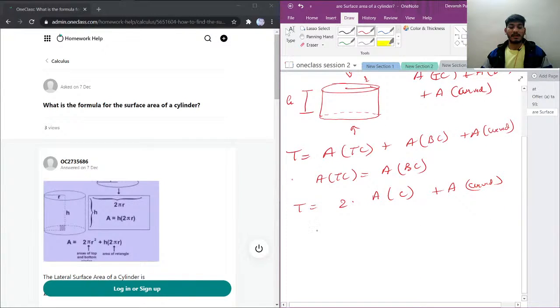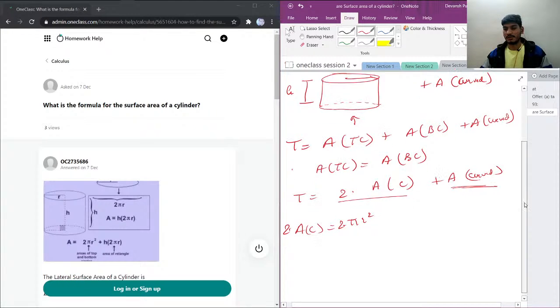Now the area of a circle is basically pi r square, so 2 times will be 2 pi r square. We just multiply this with 2 to get this term. Now we need to find the area of the curved surface.